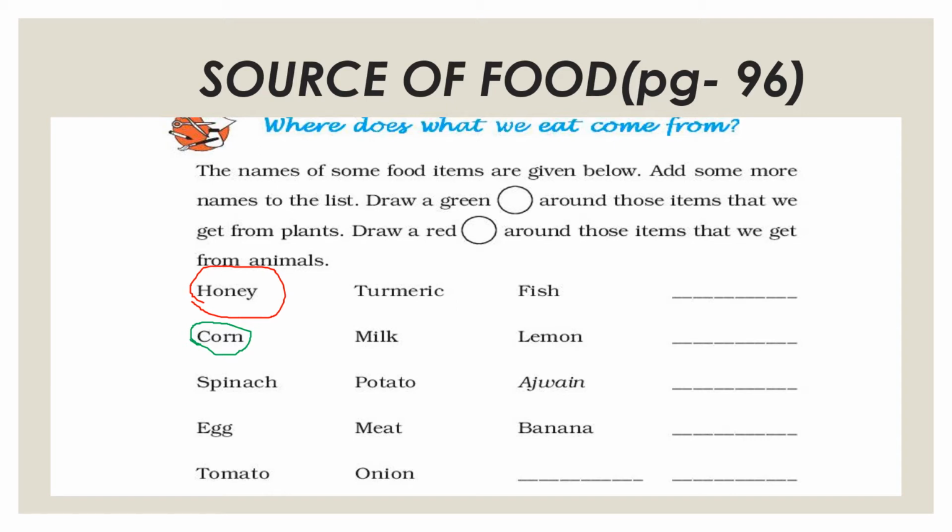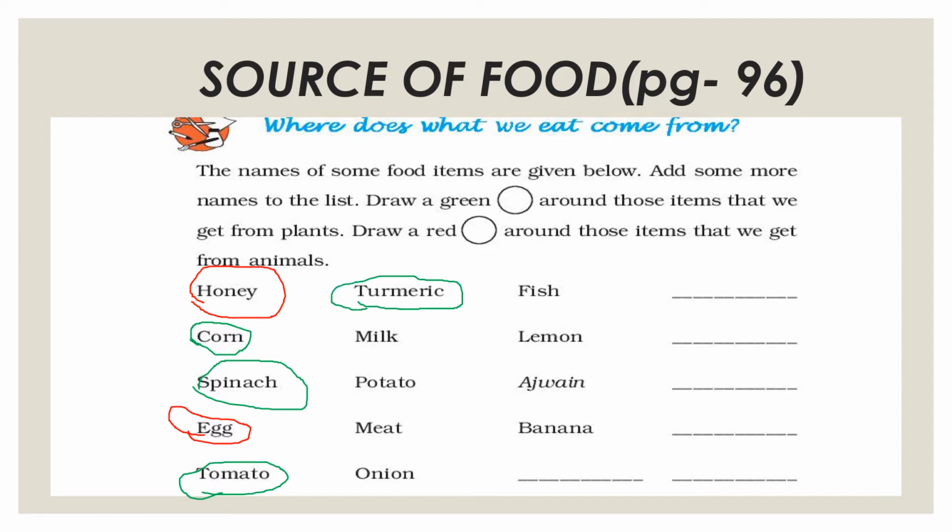So we will circle it with green. Eggs. Perfect. Animals. What about tomatoes? Correct. From plants. Turmeric. Students, you know what turmeric means, right? It means haldi in Hindi. Okay. So again, we get turmeric from plants.